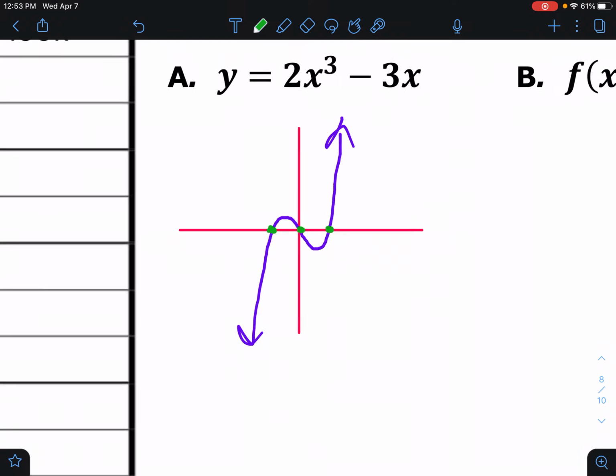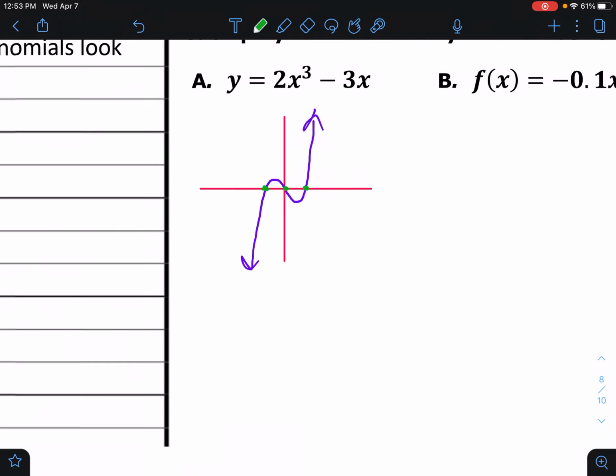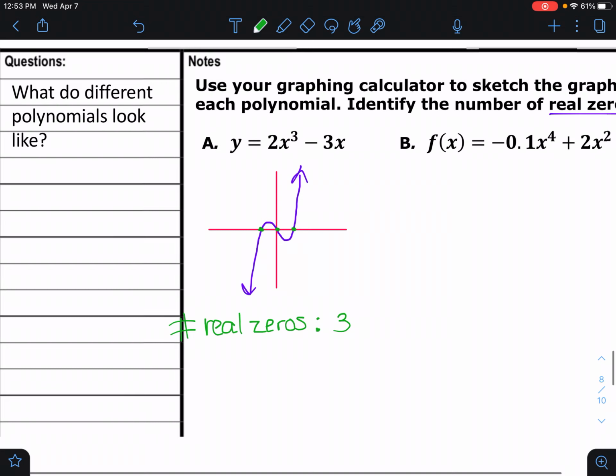So it crosses 3 times. So the number of real zeros, there are 3 of them, okay? And that's going to come into play a lot, especially as you get into pre-calculus. Those zeros are really important.